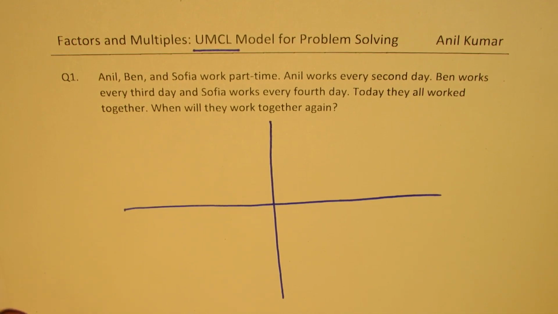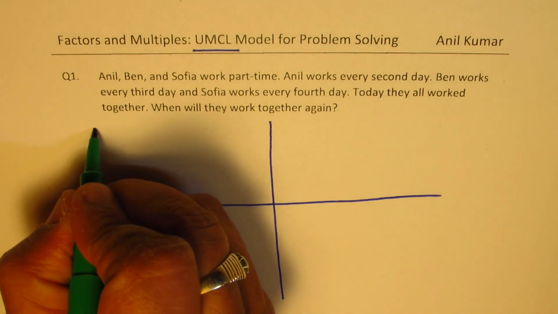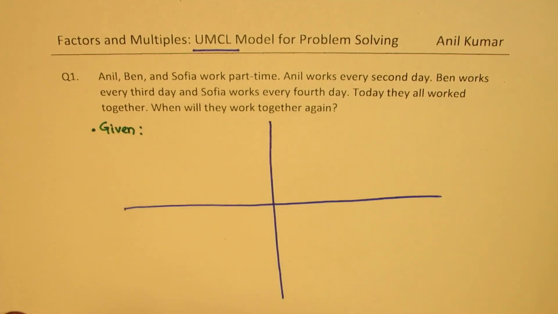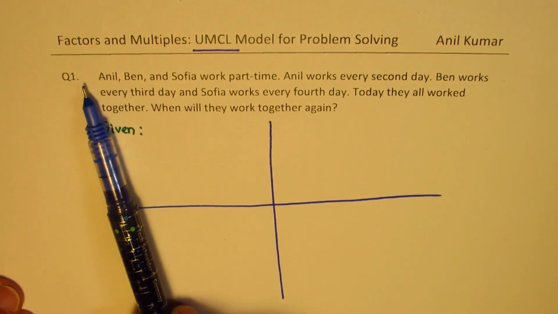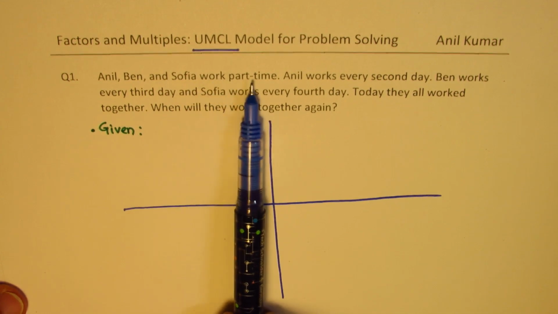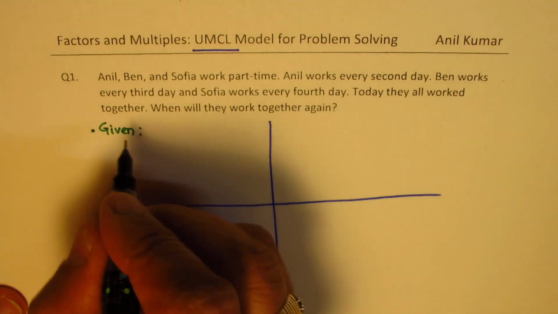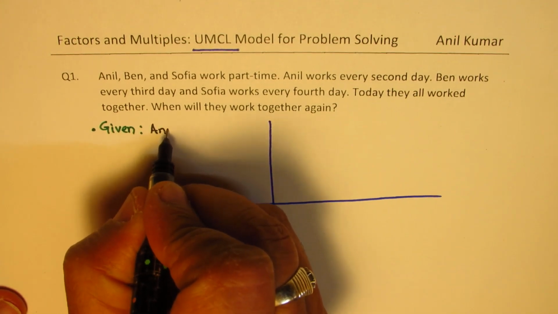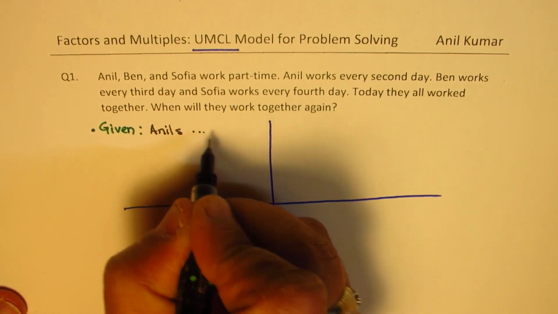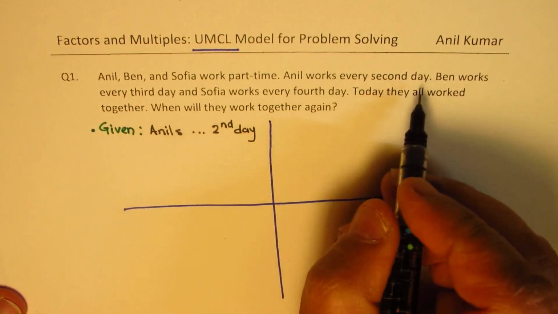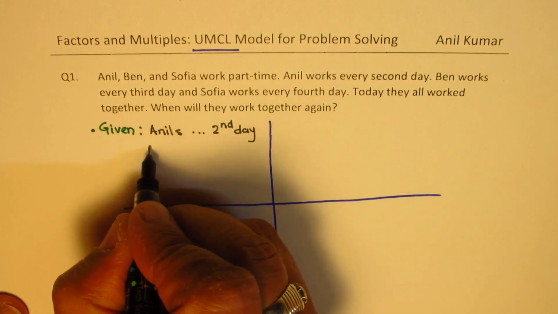Now let us see first, what are we given? We are given that Anil, Ben, and Sophia work part-time. Anil works every second day. Ben works every third day.